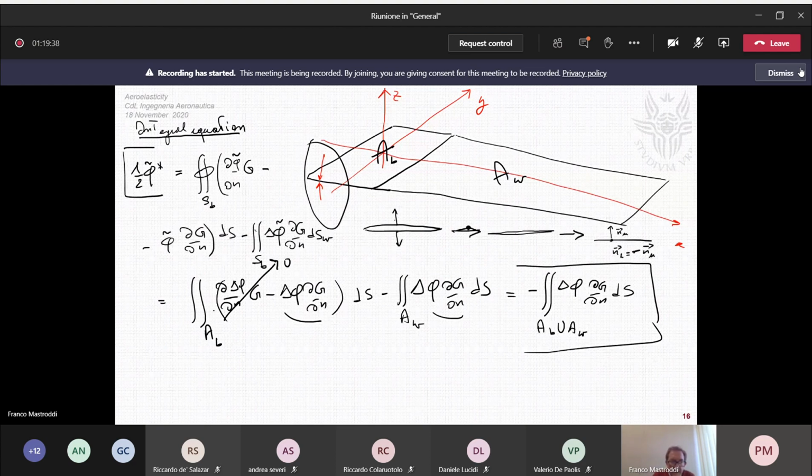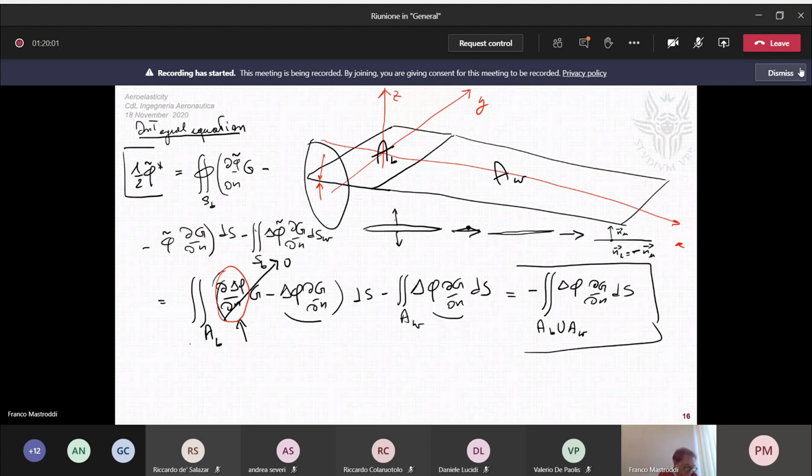We don't have any condition on the unsteady boundary condition anymore. It disappears. We don't have any information on the input, so we have to recover this information by using this equation.